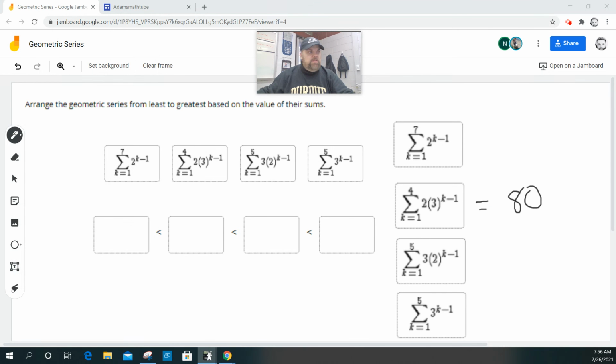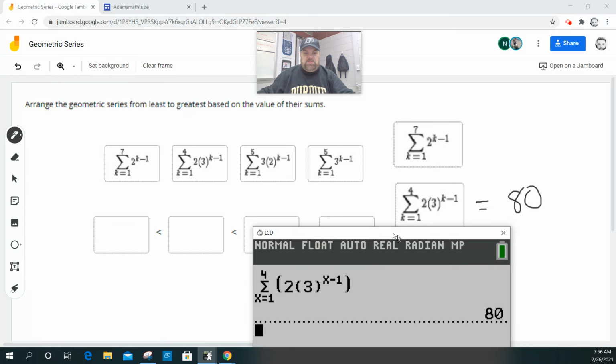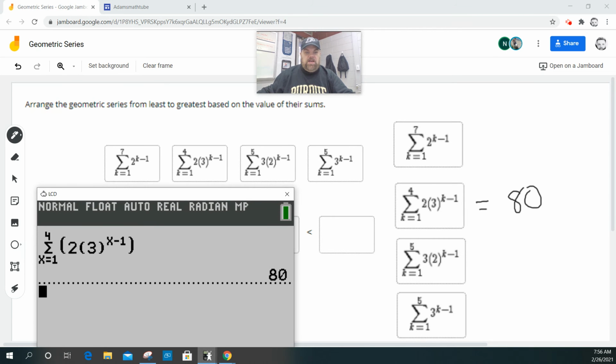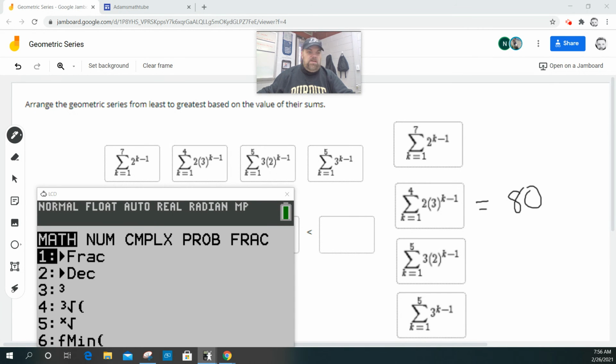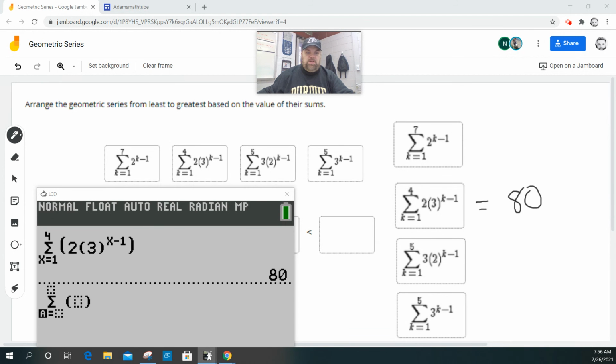The next one that I'm going to do, again, I'm just going to hit math, scroll down to summation, hit enter. I'm going to say x equals 1, and then my upper boundary, we're going to go from 1 to 7, so there's 7 terms.